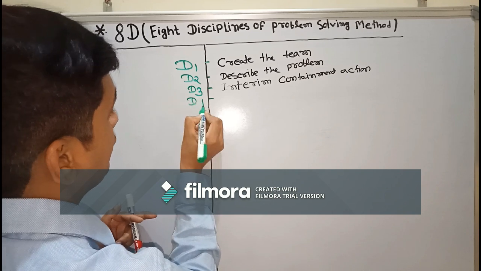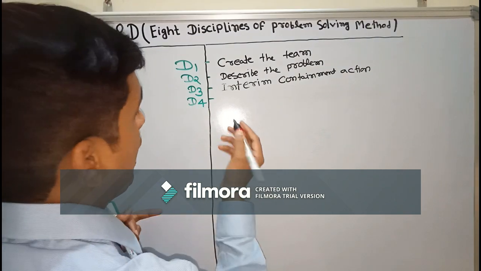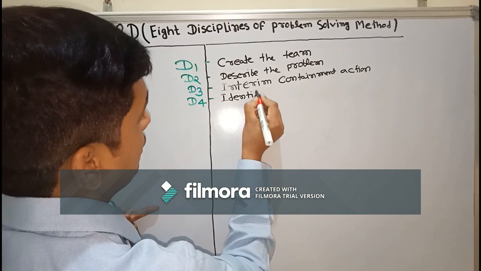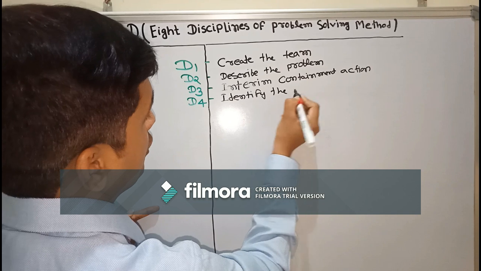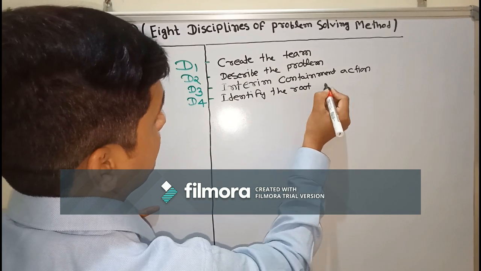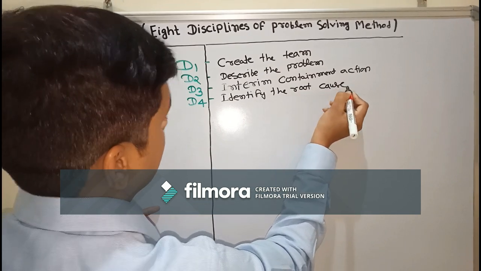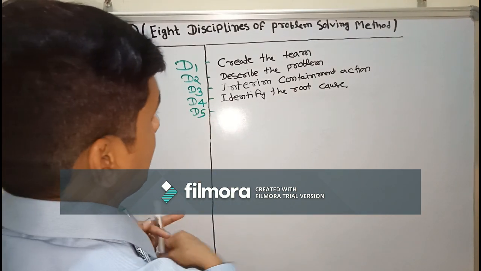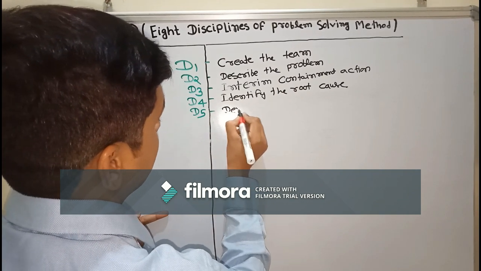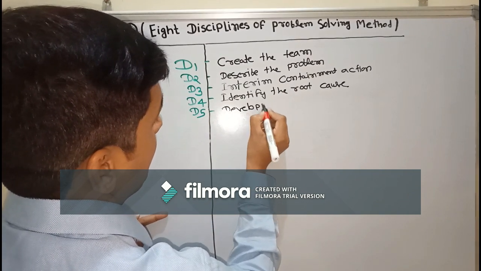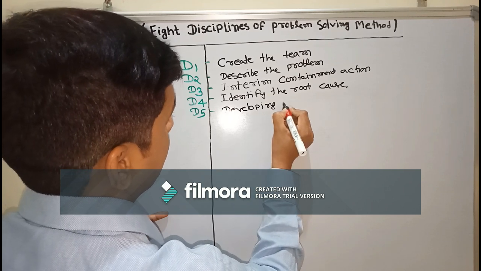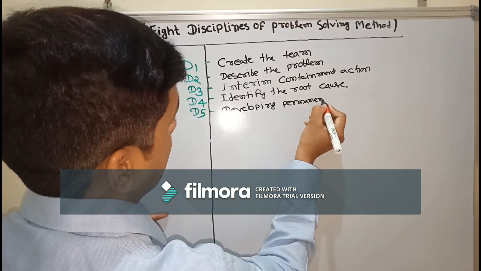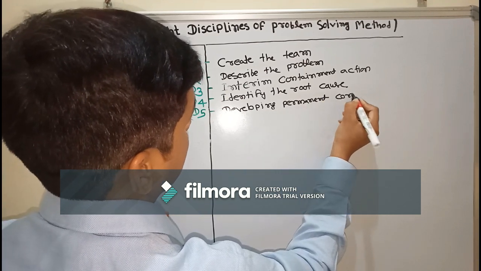D4 is identify the root cause. D5 is develop the permanent corrective action.